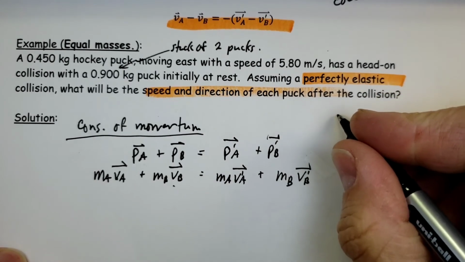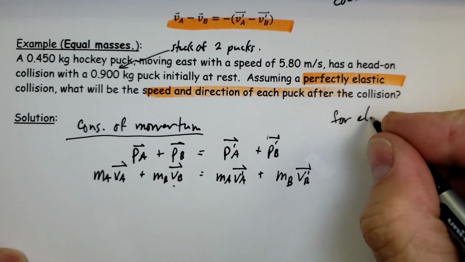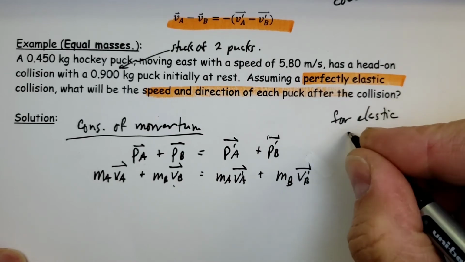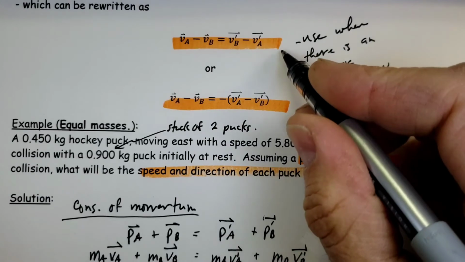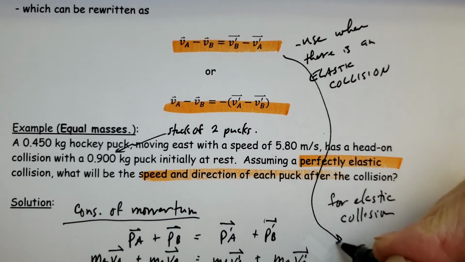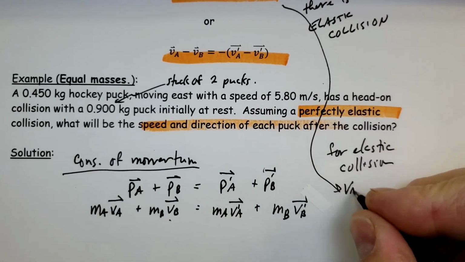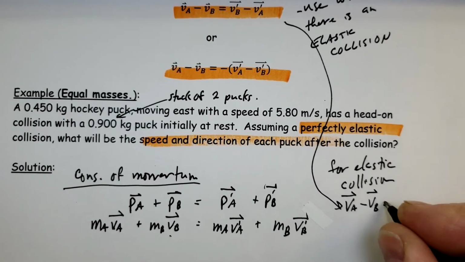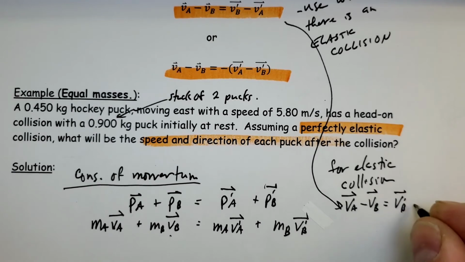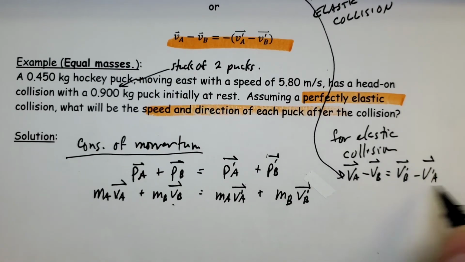But for an elastic collision, I know that VA minus VB before is equal to VB prime minus VA prime. So I could solve for either this or this.